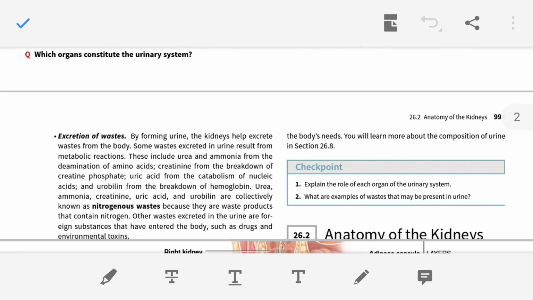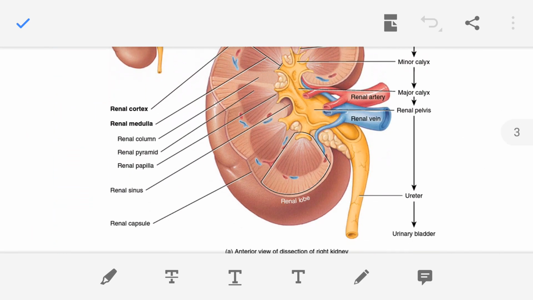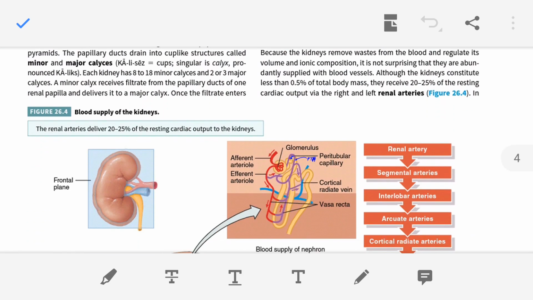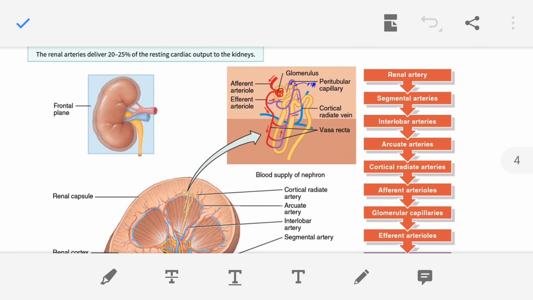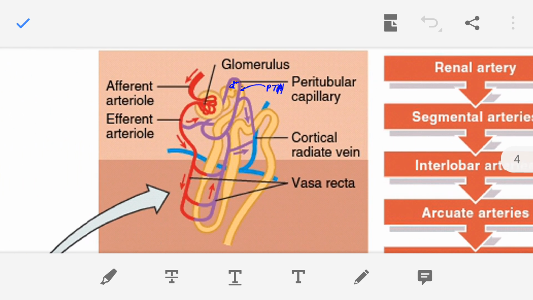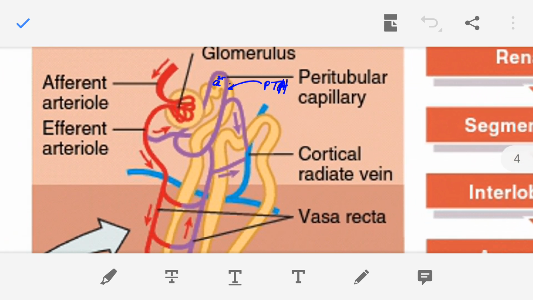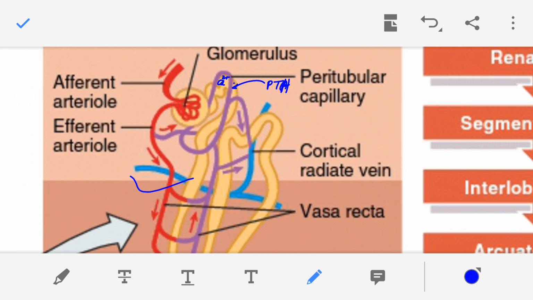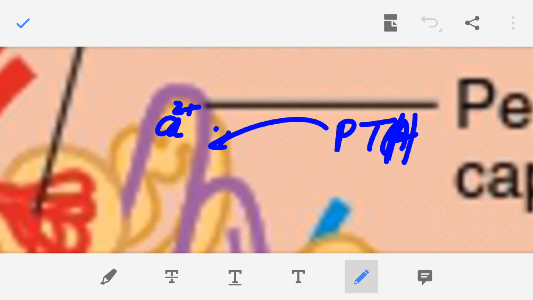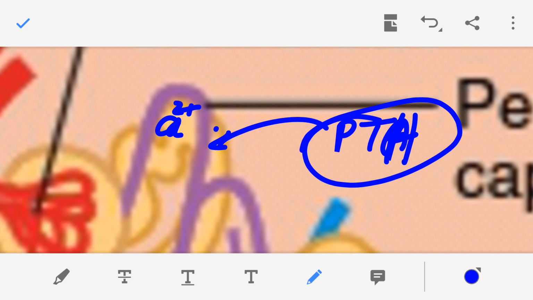That's why the reabsorption process is very important, and by reabsorption, these important components are absorbed from the filtrate. Once again we are looking at this process. Here the yellow color is the renal tubule, and this tiny one is the blood capillary. In the blood capillary, blood has PTH, and in the renal tubule there is filtrate.